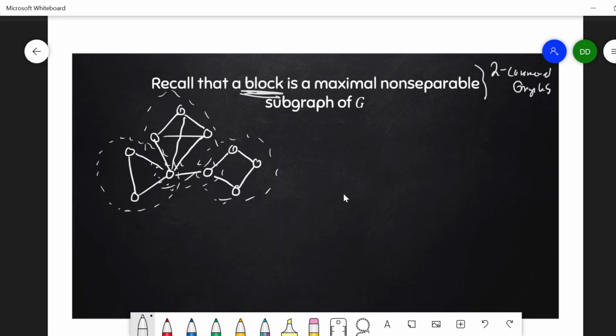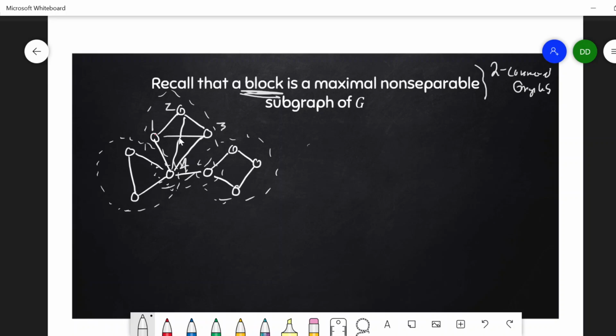So I look at all the blocks of the graph. Notice it takes 4 colors to do this one. So I could go 1, 2, 3, 4 for the colors there. And then color the rest of the blocks. So this one is going to take the most number of colors.